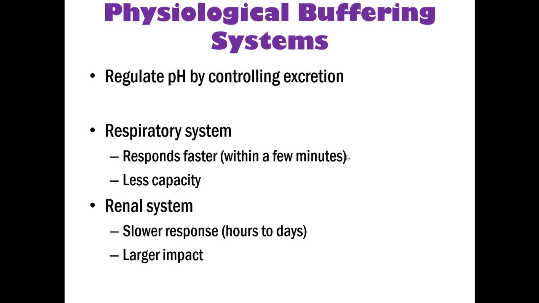So it takes a little longer, maybe hours, a couple days, but it can handle wider swings in pH, and so it has a larger impact. But by controlling what we excrete, either as carbon dioxide exhaled or things lost in our urine, these two systems help us regulate our pH and keep us within those homeostatic norms.